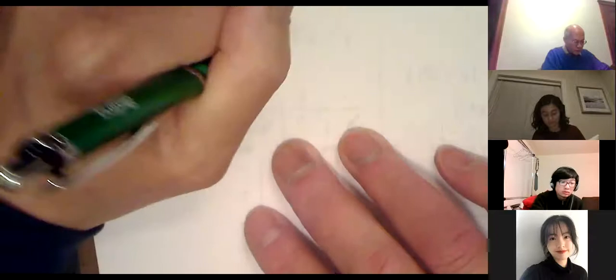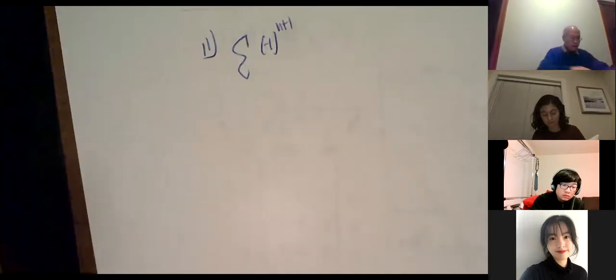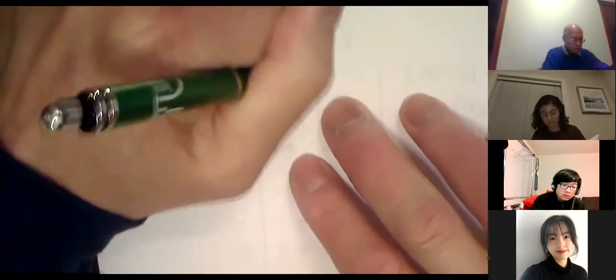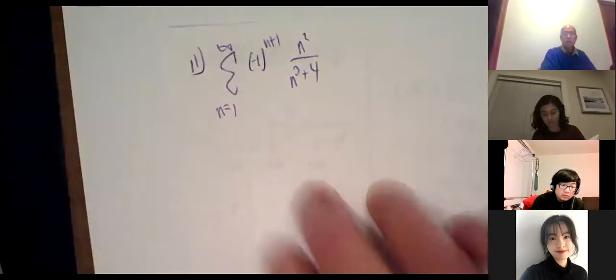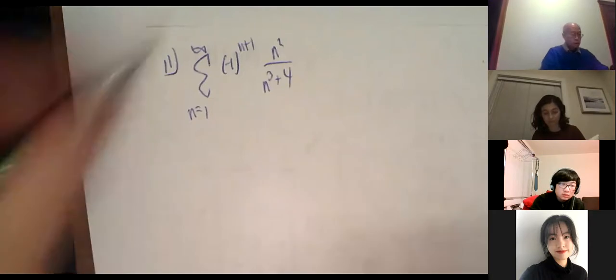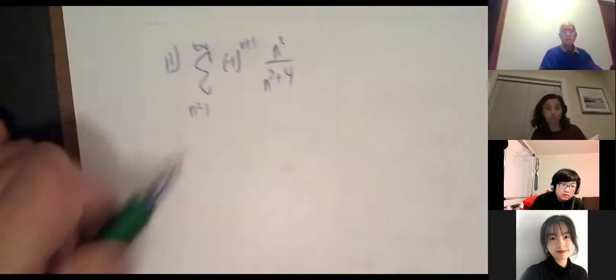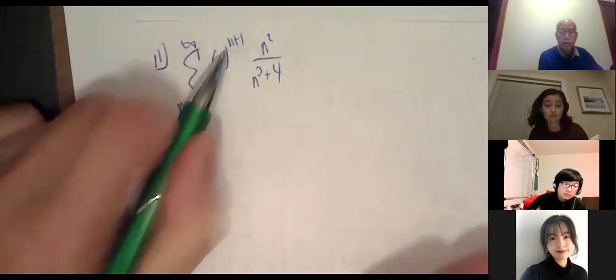Summation negative 1 to the n plus 1, n squared over n cubed plus 4. Okay, is it alternating? Yes, this tells me. Beginning with a positive or with a negative?